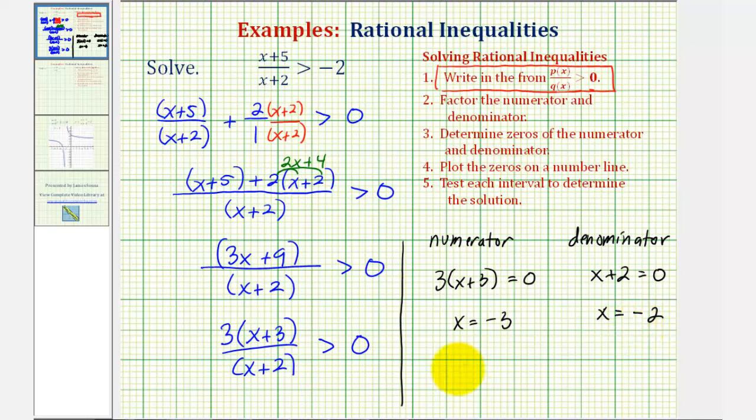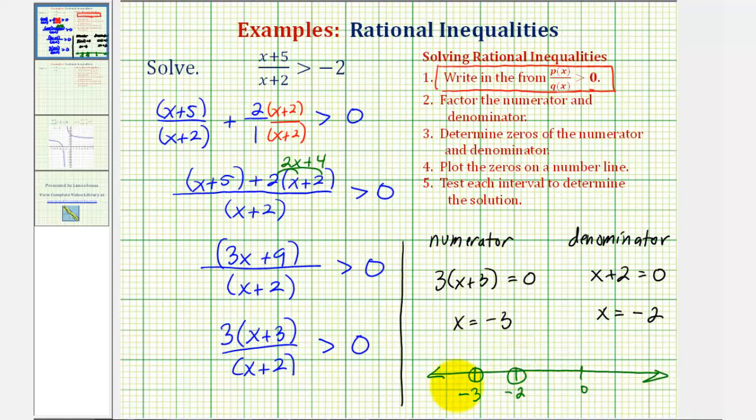So again, if we sketch a number line to form the intervals, let's say this is 0. The 0 of negative 3, again, is going to be an open point because of the original inequality symbol. And then negative 2 is going to be an open point because it must be excluded, otherwise we'd have division by 0.